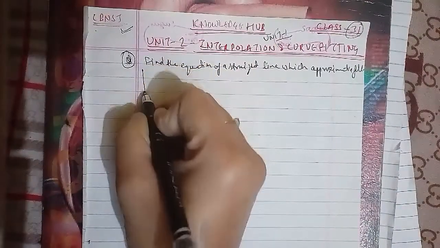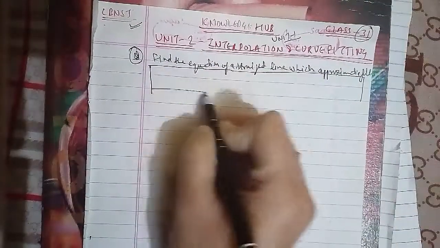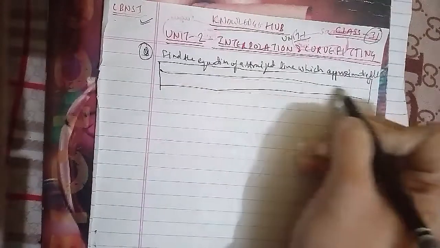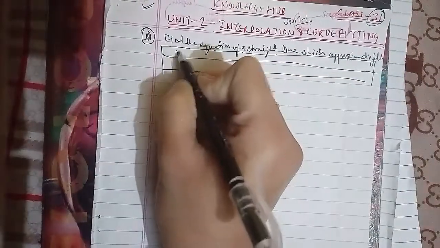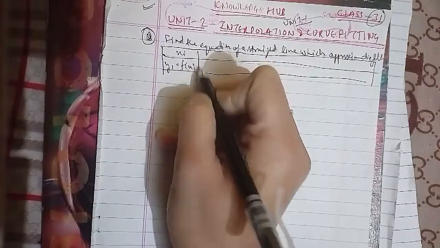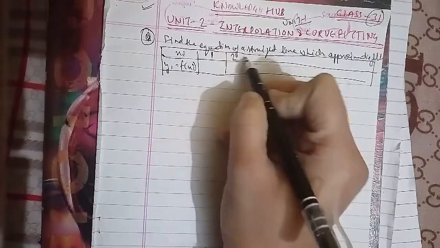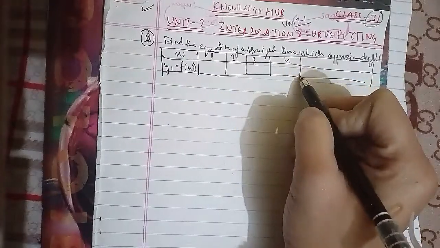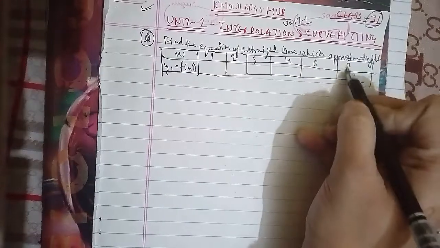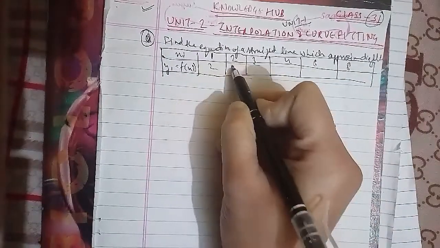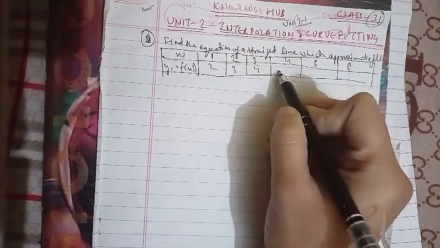We have xi and yi equals f(xi). The values of x are 1, 2, 3, 4, 6, 8 and the values of y are 2, 3, 4, 4, 5 and 6.